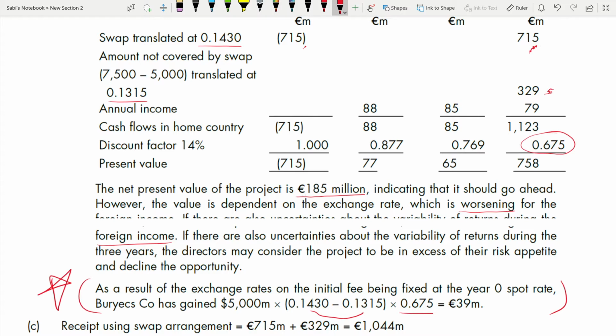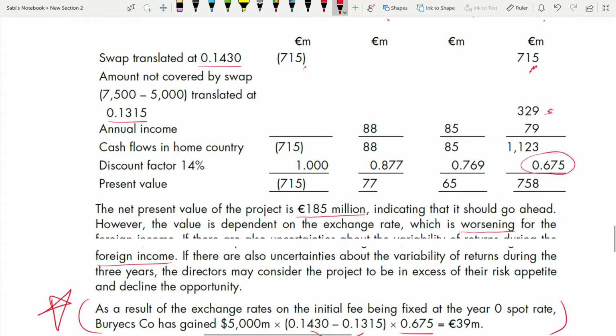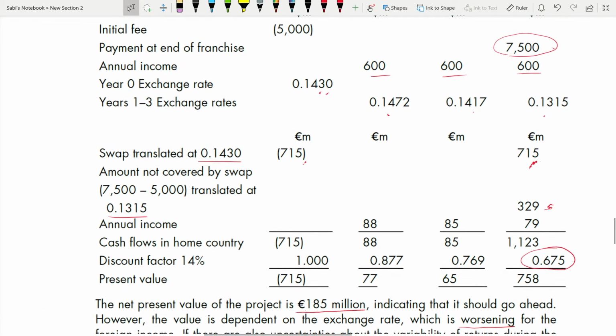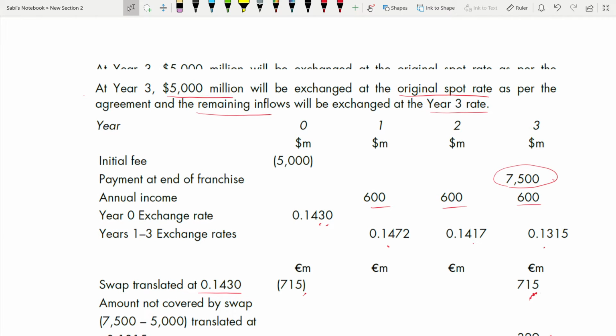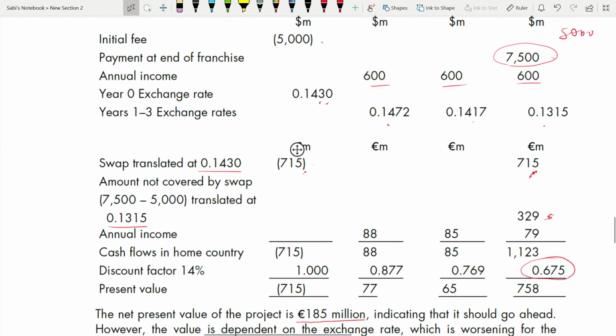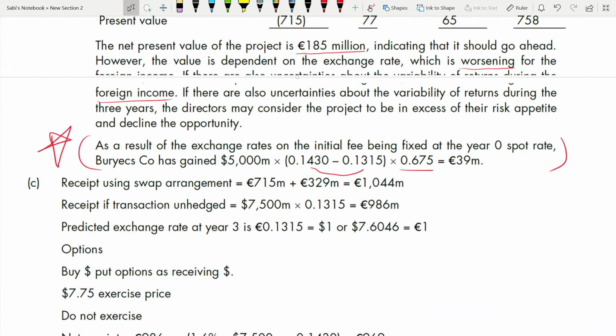You are talking about which 5,000? This 5,000. See, here it's an initial fee of 5,000, right? This 5,000 again you will be receiving, it will be exchanged. So when you translate back, because you are fixing that 5,000 at today's spot rate, and you see the spot rate is falling, it will not affect that 5,000 because your spot rate has been fixed at today's spot rate.